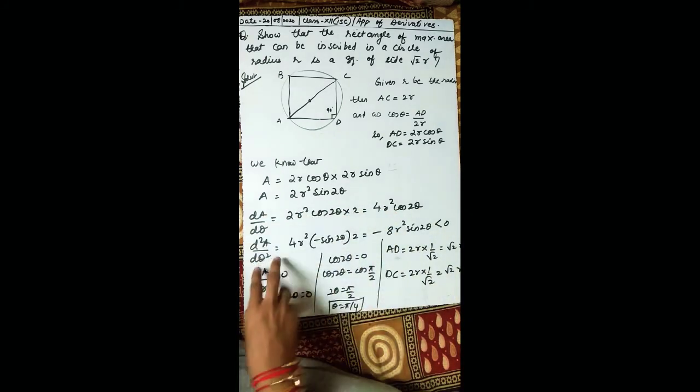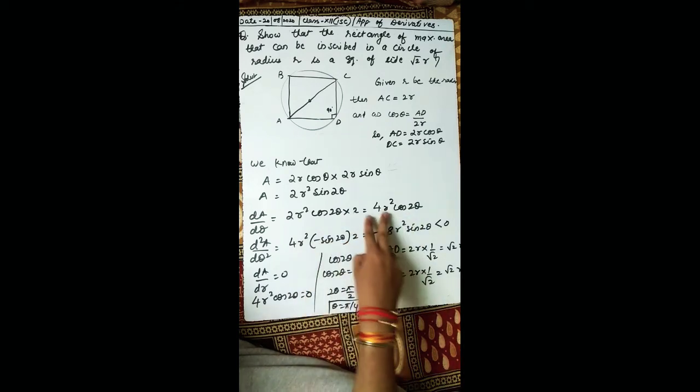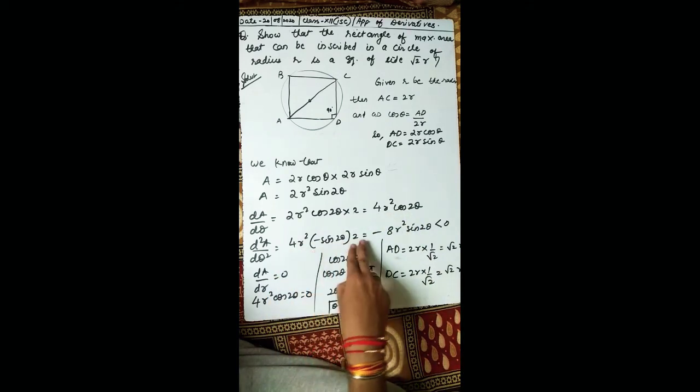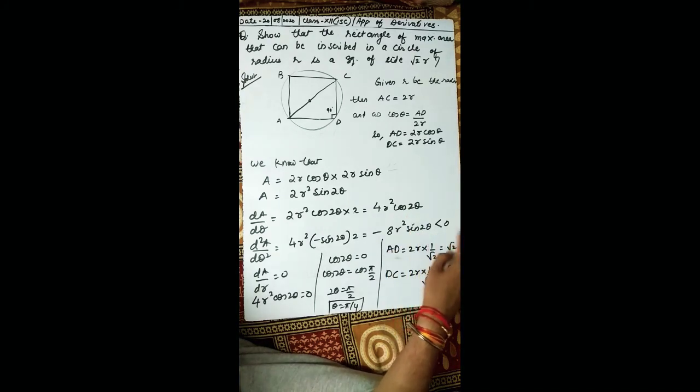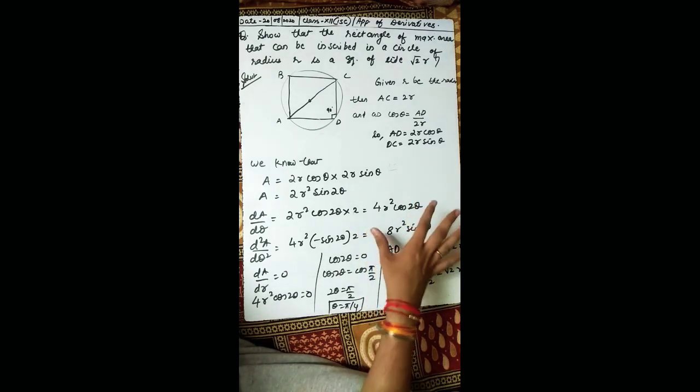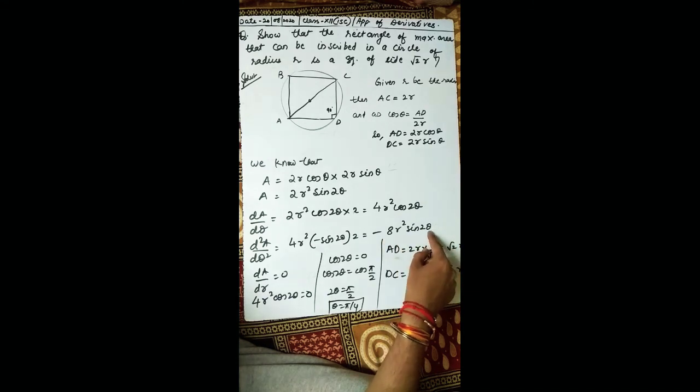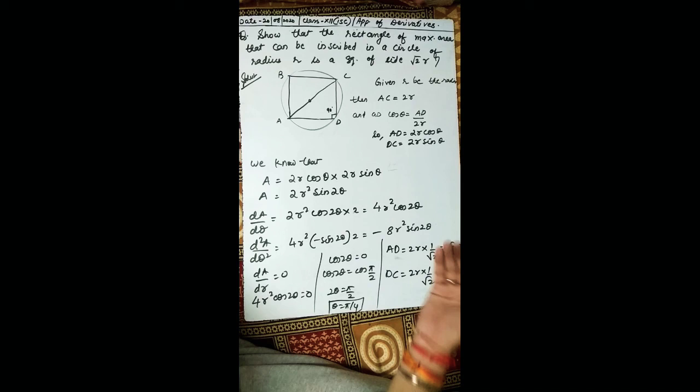Now again double differentiate it. You will get 4r square into minus sin 2 theta into 2, or minus 8r square sin 2 theta, which is less than 0. Now, don't write this is less than 0 beforehand. As we know this is negative, but don't write it a priori. We just find the value of theta, put it, and then conclude that this is less than 0.